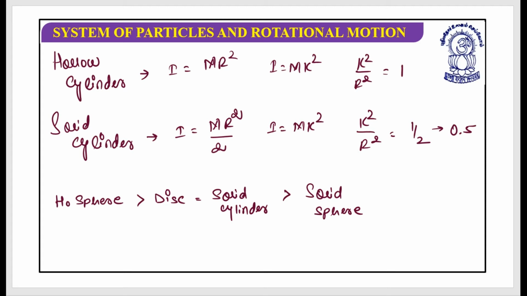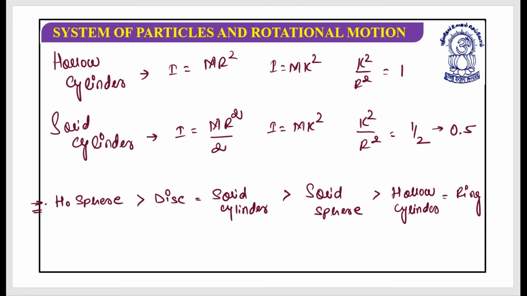First it was hollow sphere, then disk and solid cylinder, then solid sphere, and at last it would be the cases of 1. It's a hollow cylinder as well as ring. I hope this is clear. This is in ascending order. Lowest would be first, highest would be last. So this is about k square by r square.